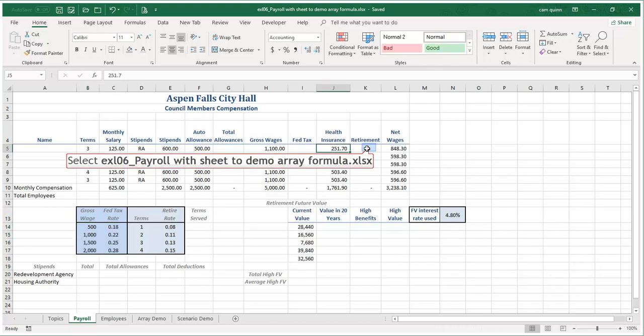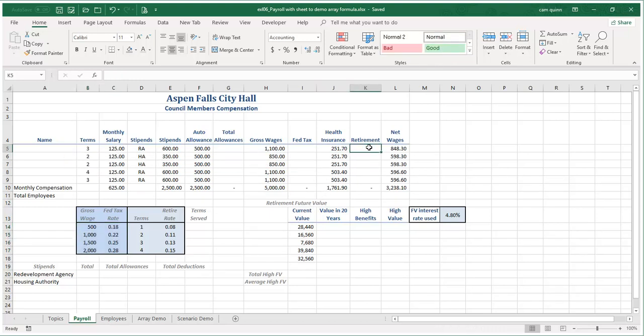Health insurance is just a fee. Retirement is how much they're contributing to their retirement pension. And again, we're going to be using their term to look up the retirement rate that they will be contributing based on their term in office, and then their net wages.